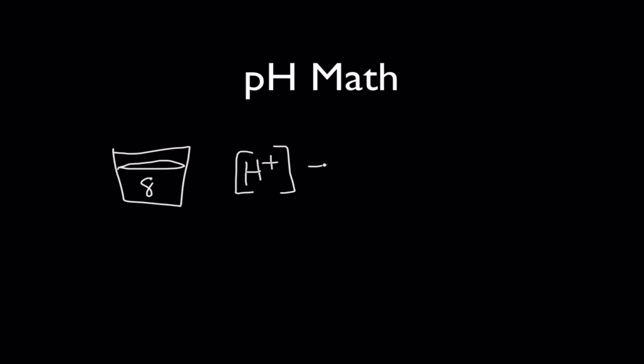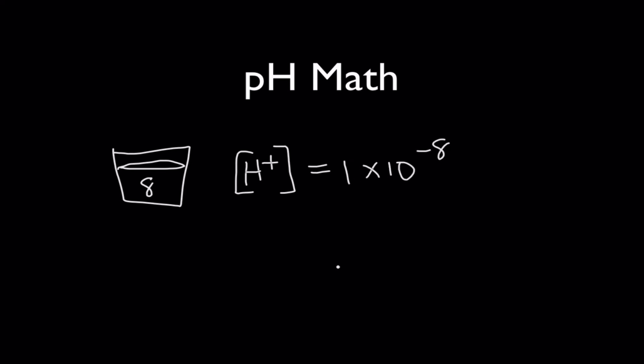Now, what this means is if somebody tells you that you have a container of water with a pH of 8, what that means is the hydrogen ion concentration, and we use these little brackets to represent concentration, is equal to 1 times 10 to the negative 8.